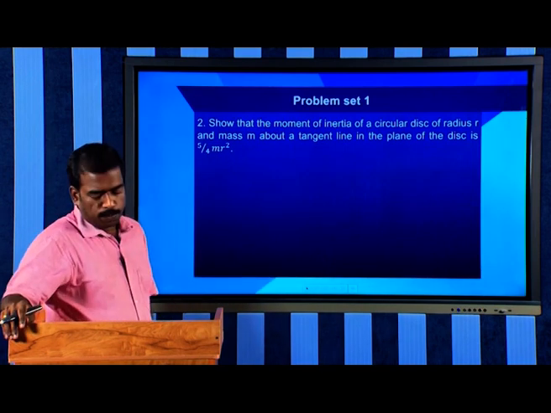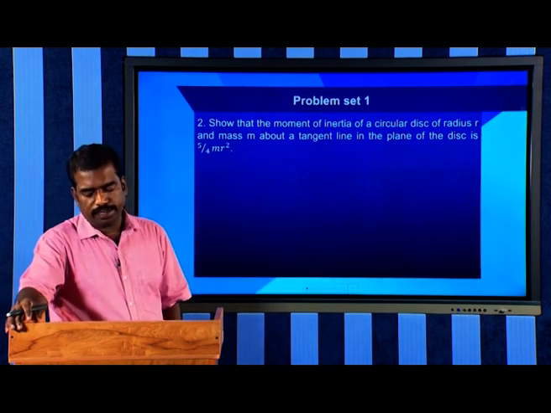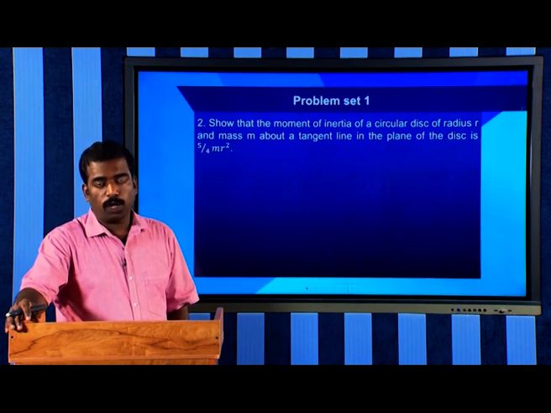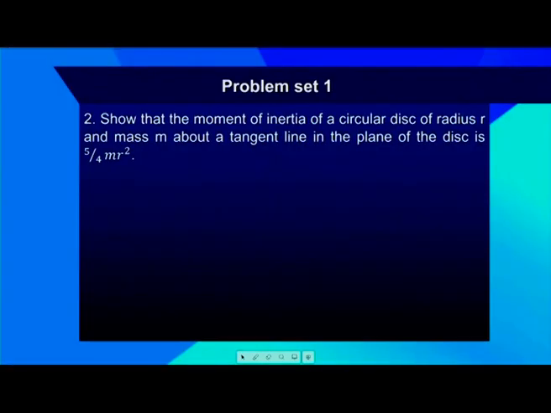Show that the moment of inertia of a circular disc of radius small r and mass small m about a tangent line in the plane of the disc is 5 by 4 m r square. So, you have to prove that the moment of inertia of a circular disc of radius r and mass m about a tangent line is 5 by 4 m r square.